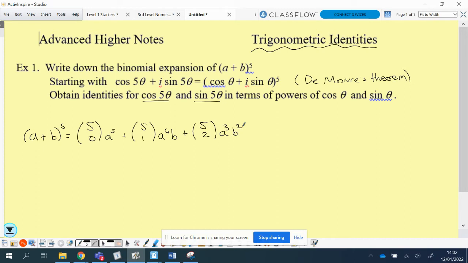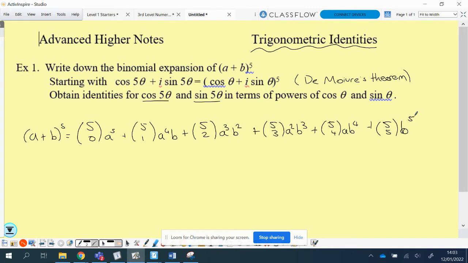So that's now a cubed b squared, plus 5 choose 3, a squared b cubed, plus 5 choose 4, a b to the 4, plus 5 choose 5, b to the power 5. Okay, so that is our binomial expansion there.